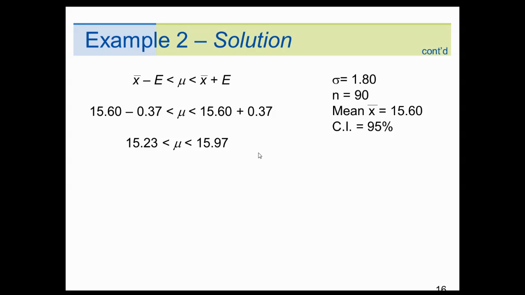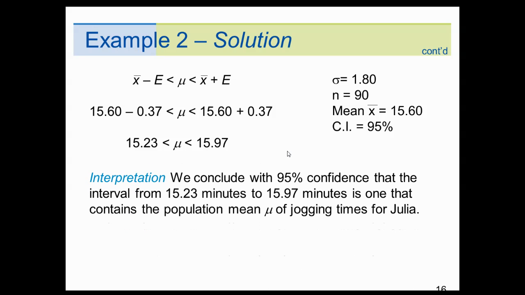If this was on an exam, the answer your calculator would have given you, or doing it pencil and paper, will be exact. So we conclude that we are 95% confident that the interval between 15.23 and 15.97 is the one that contains the population mean for all the times that Julia's been jogging.